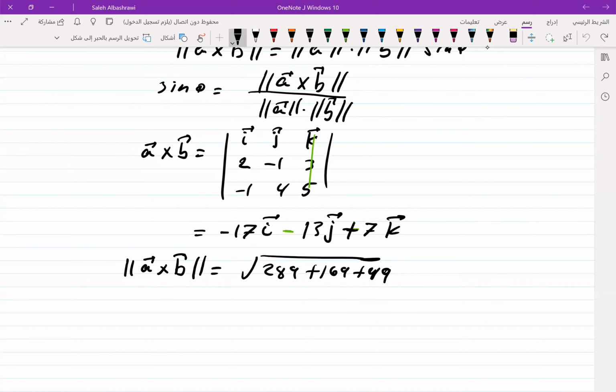Take the square of the components. 17 squared will be 289. 13 squared is 169, plus 7 squared is 49. This will give me 289 plus 169 plus 49, square root of 507.